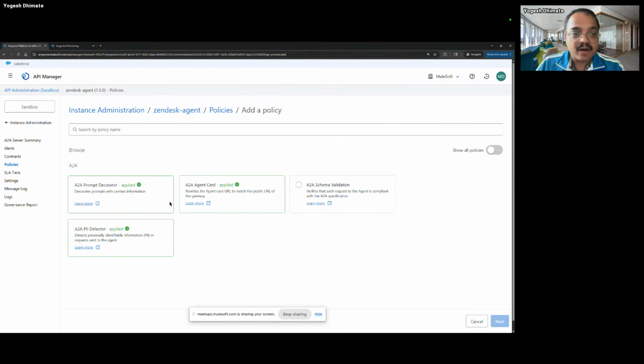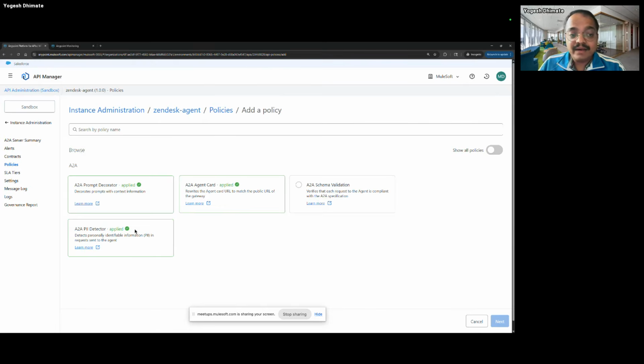Three policies are already applied. There is a prompt decorator policy, which decorates the prompt with necessary contextual information. There is an agent card policy that rewrites the agent card URL to match the public URL of the gateway, so it provides ready-to-use consumable information in the metadata.